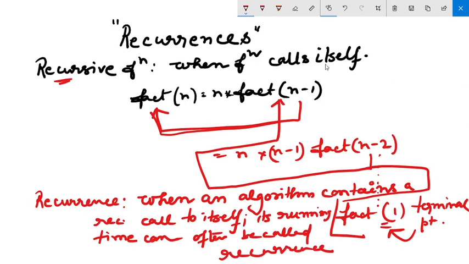So this is the definition of recurrence. A recurrence is an equation or inequality that describes a function in terms of its value on smaller input.